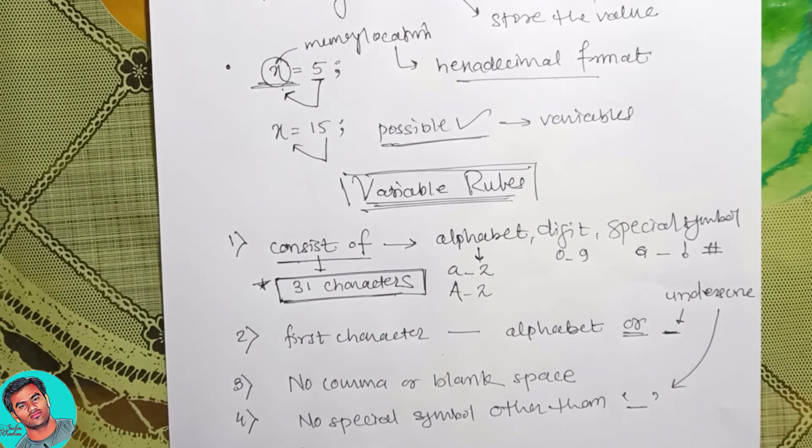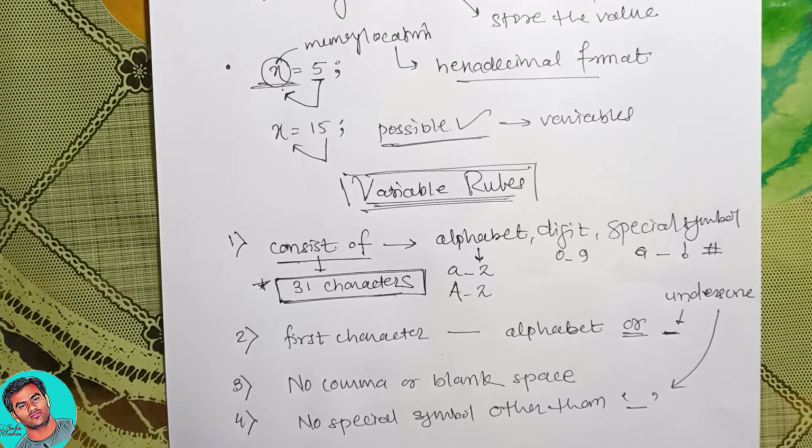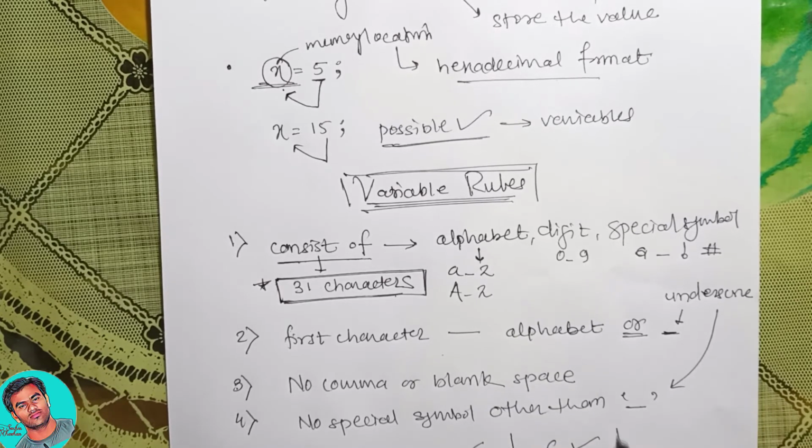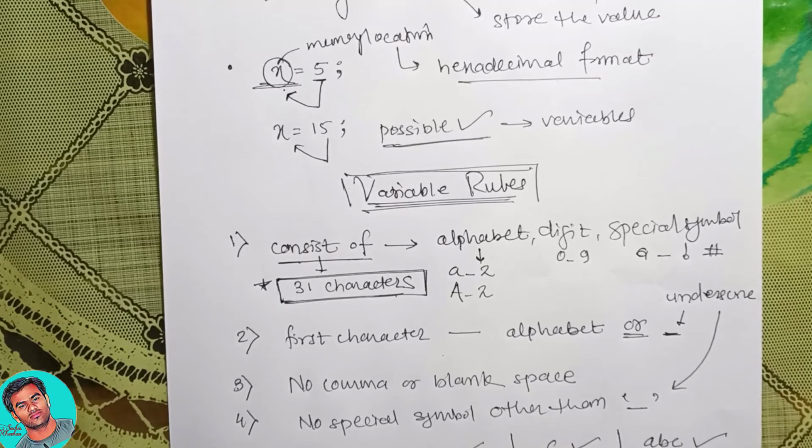For example, learn_C is a right variable name, or C is a right variable name, or ABC is a right variable. But if you write it like ABC with a special symbol, it is a wrong variable name.